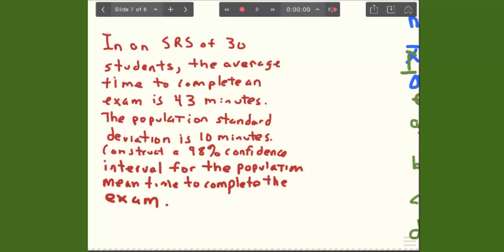Okay, so example 2. We have a simple random sample. Okay, that's good. Of 30 students. Now we'll have to wonder whether or not that's large enough, since I can go ahead and tell you this isn't going to say you have a normal population. But anyway, the average time is 43 minutes, and the population standard deviation is 10, and we want a 98% confidence interval for the population mean time to complete the exam.